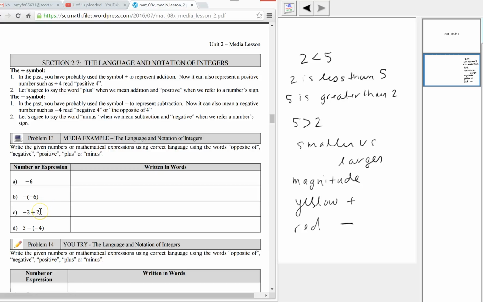Okay, so hopefully you're starting to see how this language is really something that's important for their understanding. If you're using these words, that will help and they'll start to get that language acquisition. But if they don't understand or if they start to say these symbols differently, and then they'll start to build a different understanding based on their meaning of them. So we really want them to use the correct language.